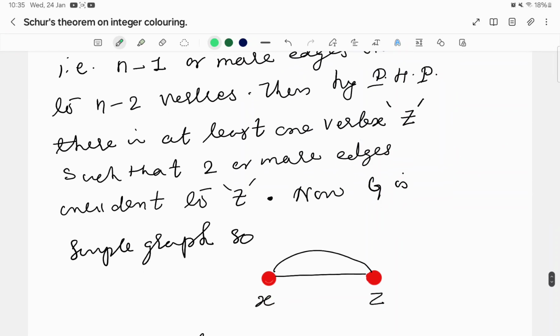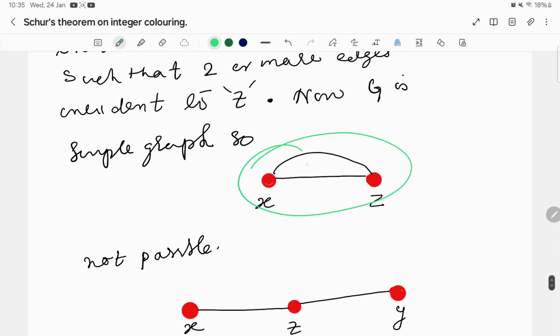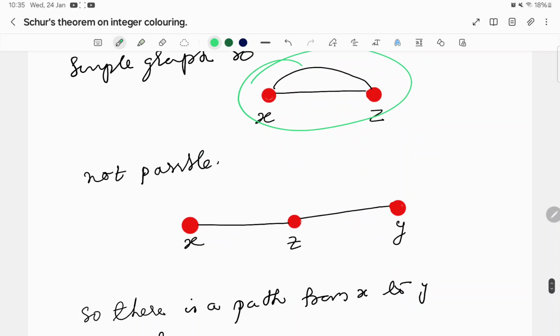So what is the contradiction? A vertex z cannot be connected to x twice. So the only possible thing is that z has one edge from x and one from y, so this is a must.